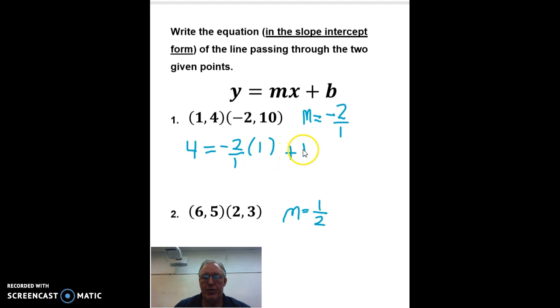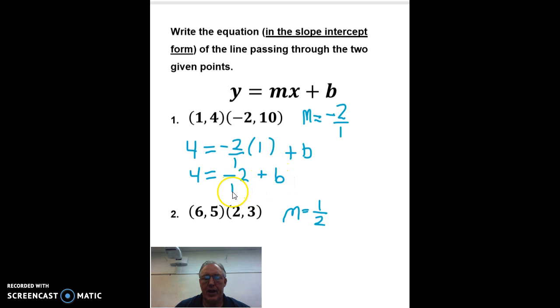So this then turns into an algebra problem where we have to solve for b. Now this one's not too bad. We're just going to say 4 equals, and pretty easy here, huh? -2/1 times 1 is actually just going to be -2 plus b.